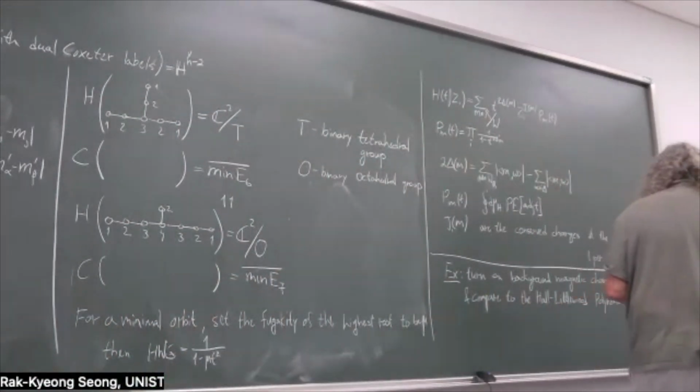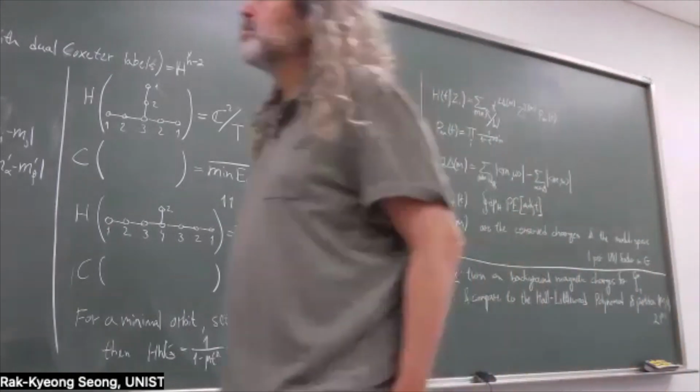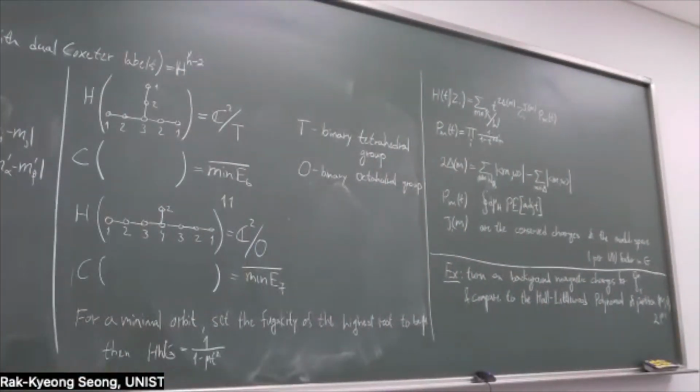Any questions? So those are things you could just train yourself on. You know the final result, you know the quiver, you know the monopole formula, you could plug everything in and show that what you get is this.